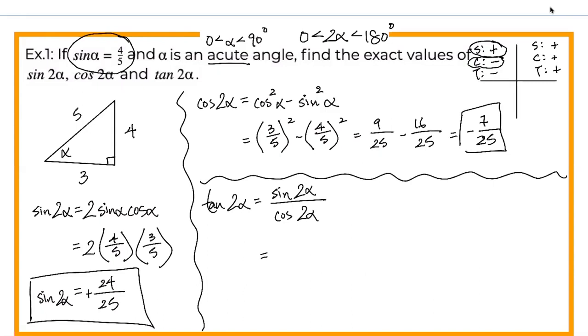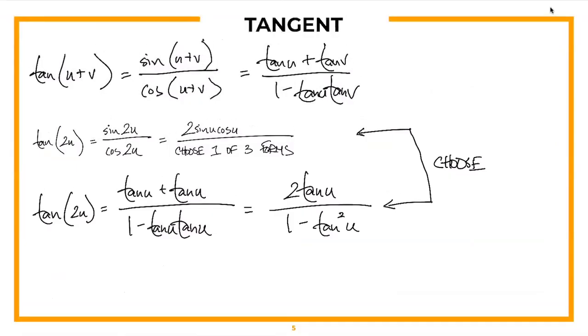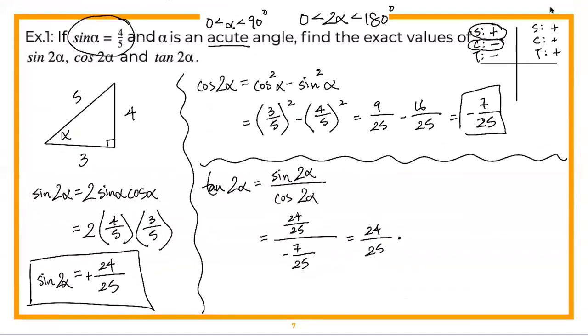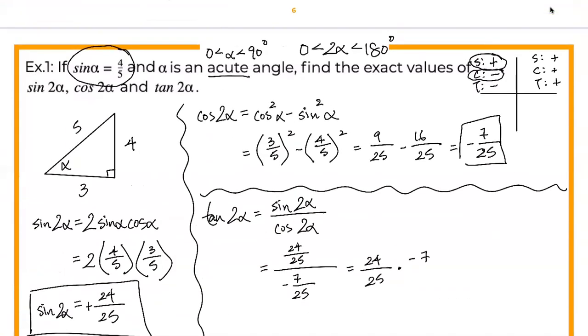And that's going to give me 24 over 25 divided by negative 7 over 25, which is the same thing as saying 24 over 25 times 25 over negative 7, which is super nice because the 25s reduce.